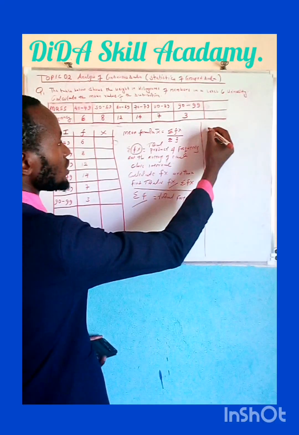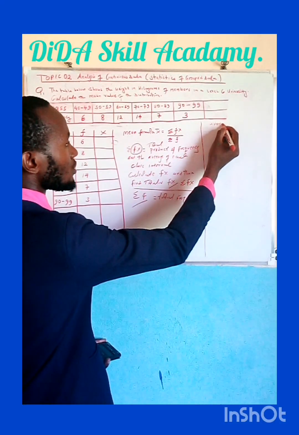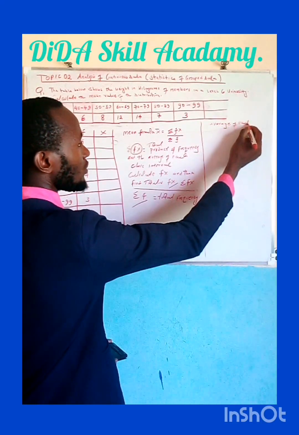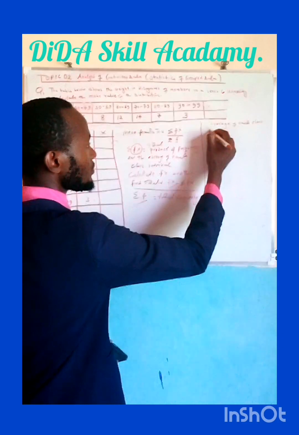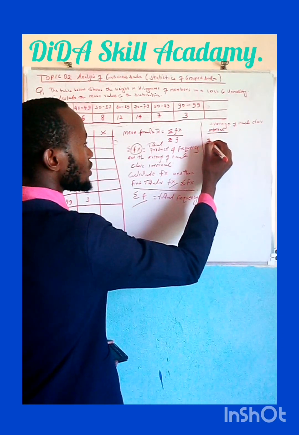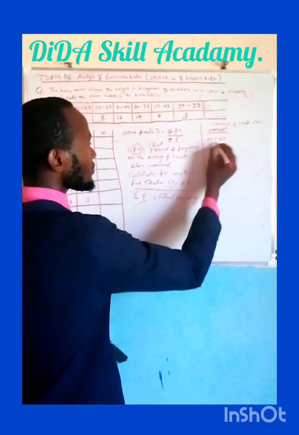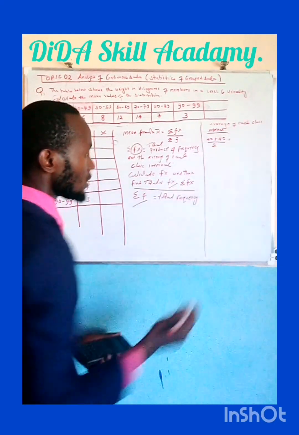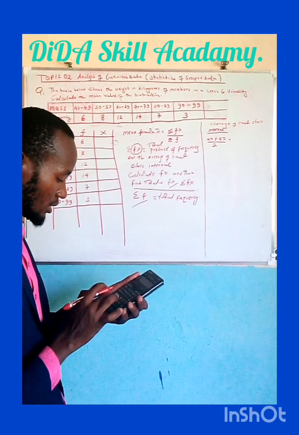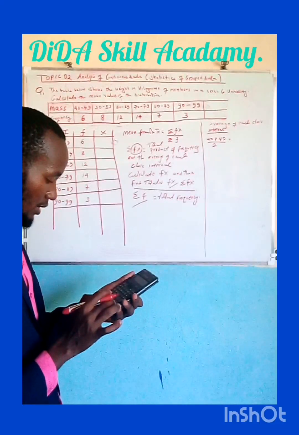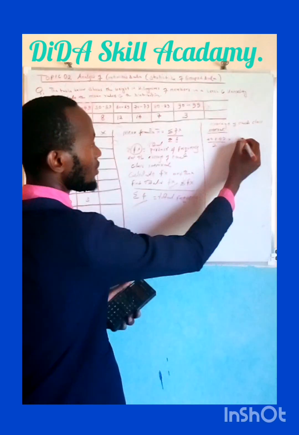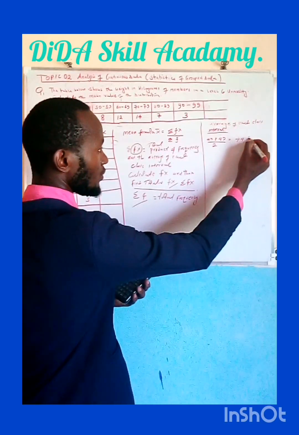So for the first class interval, the average will be 40 plus 49 divided by 2. Using my calculator, 40 plus 49 divided by 2, you will have 44.5.